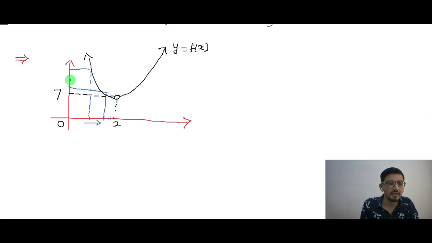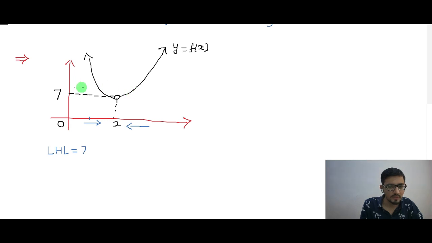So what we can understand that if x is approaching to 2 from the left side, okay, the corresponding y is approaching towards which number? 7. So for this function, LHL is what given? 7. Other thing what we can understand, if x is approaching to 2 from the right side, okay, here some value you take, corresponding point you will get here on the graph.